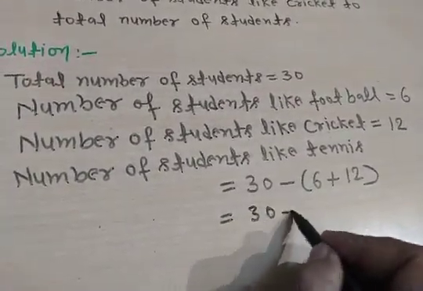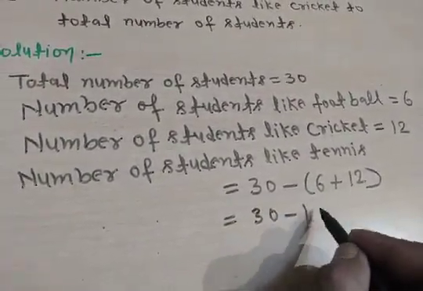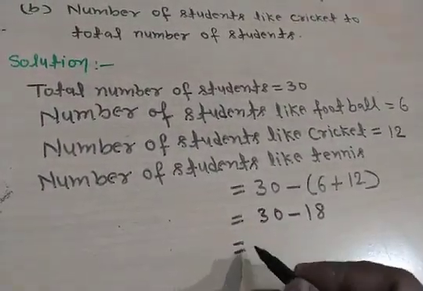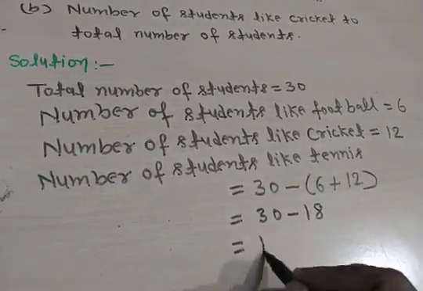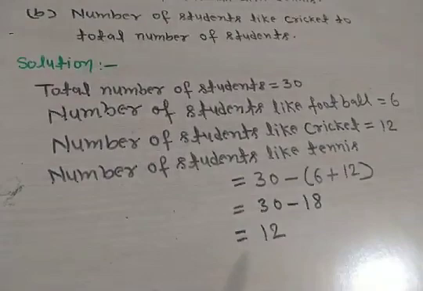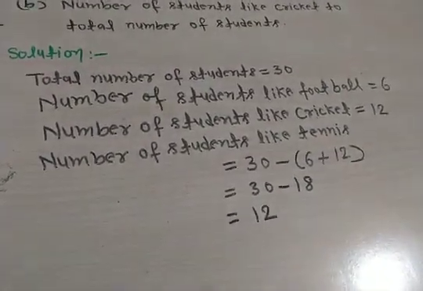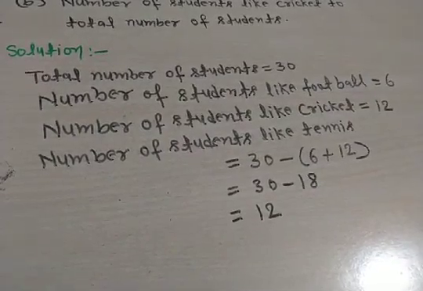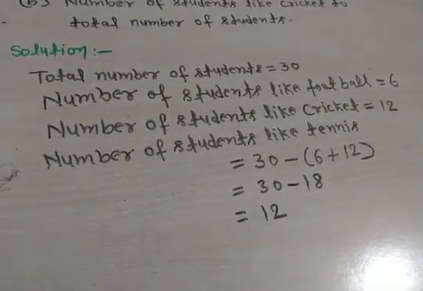So 30 minus (6 plus 12) is equal to 18. Clear? So it becomes 12. So the number of students who like tennis is 12. 12 students like tennis, 6 students like football, 12 students like cricket.